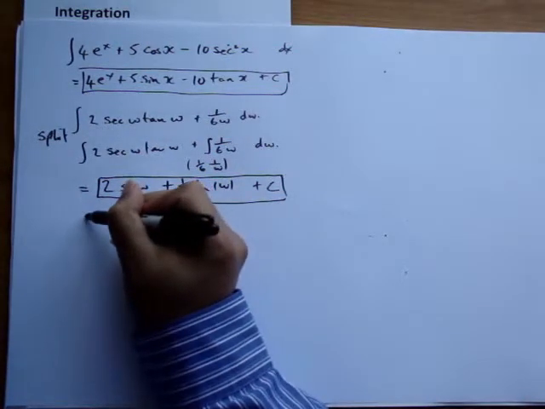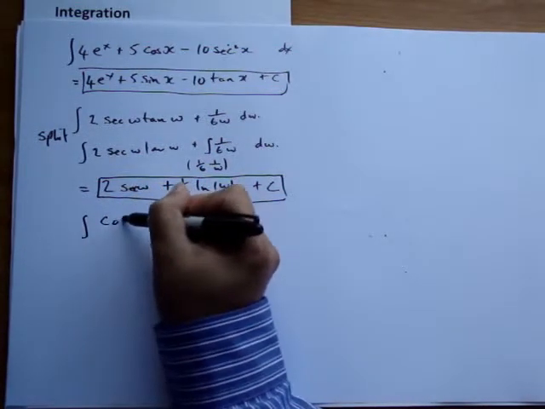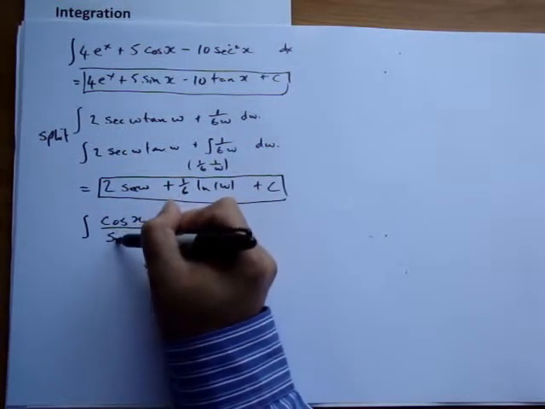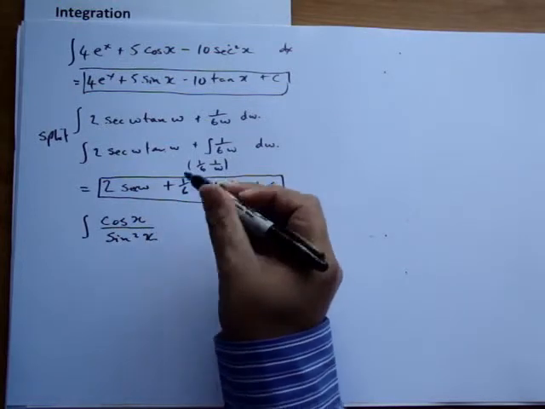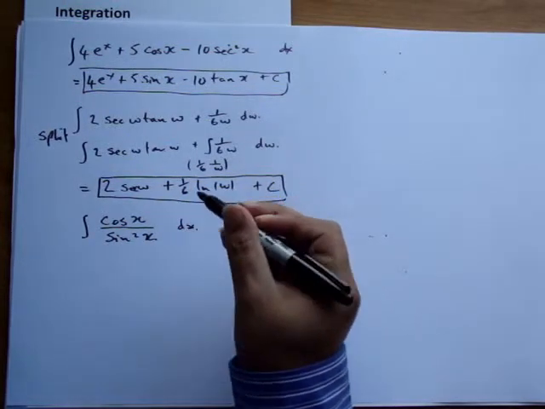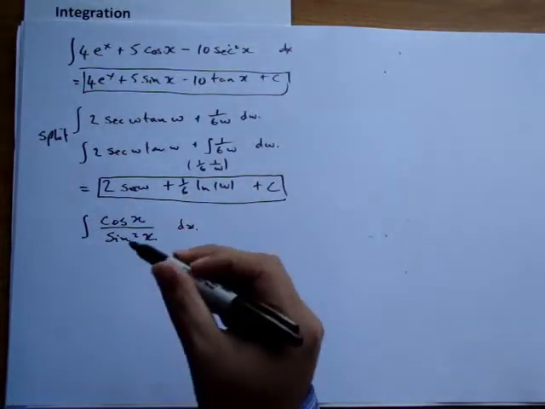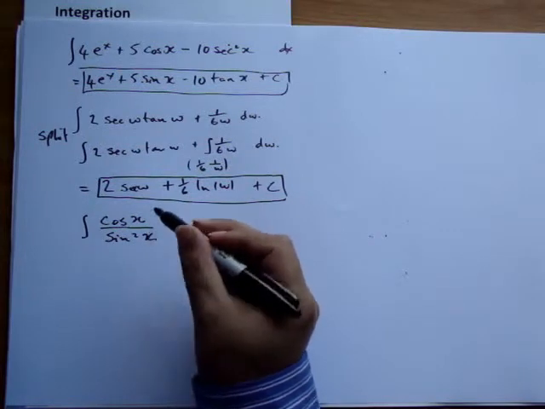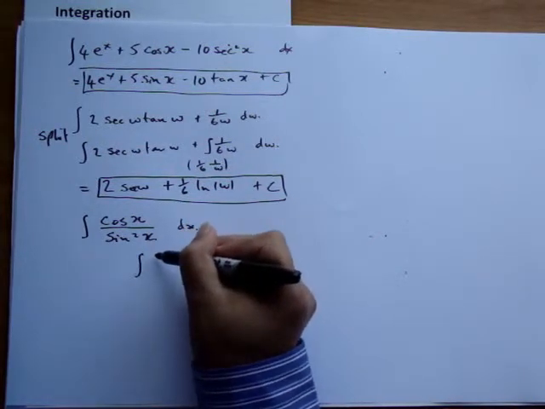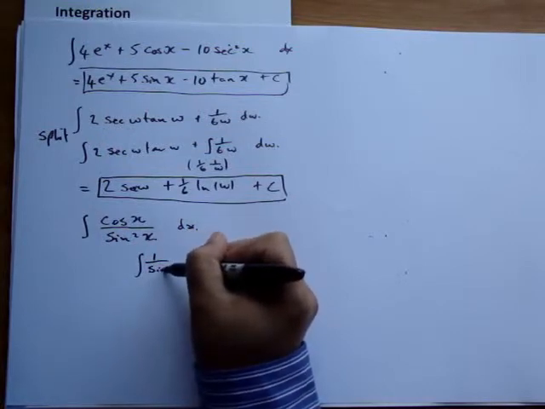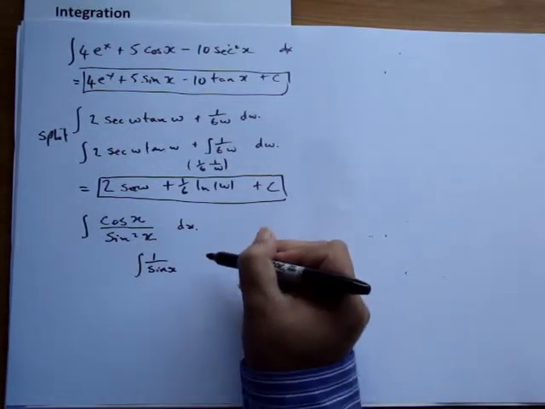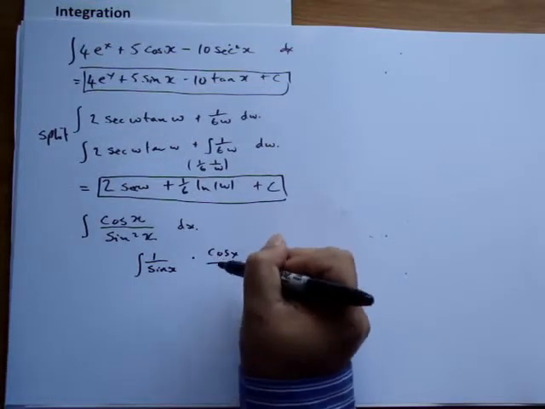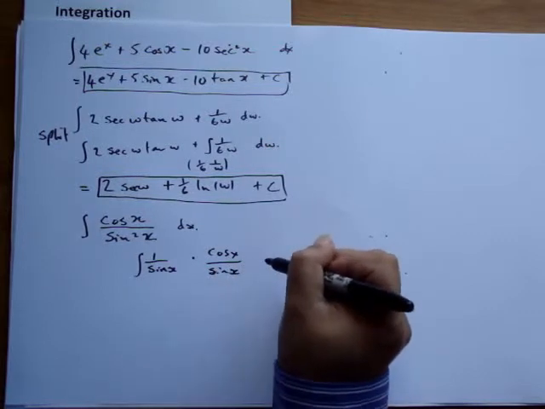The integral of cos x over sine squared x dx. We can split this again. We have sine squared x is sine x times sine x, so this becomes the integral of 1 over sine x, which is one of those taken care of, multiplied by cos x over sine x dx.